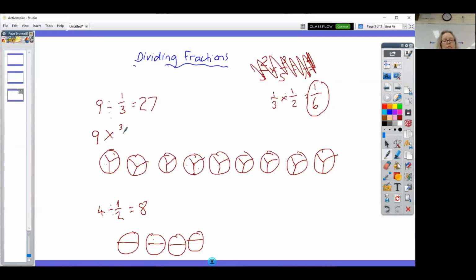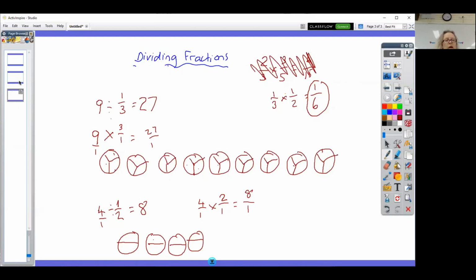So 9 times 3 over 1. 9 over 1 times 3 over 1 equals 9 3s are 27 over 1. So you multiply by the reciprocal. You go 4 over 1 times the reciprocal, which is 2 over 1, and that's 8 over 1, which is the answer here. And it works for any kind of fraction.